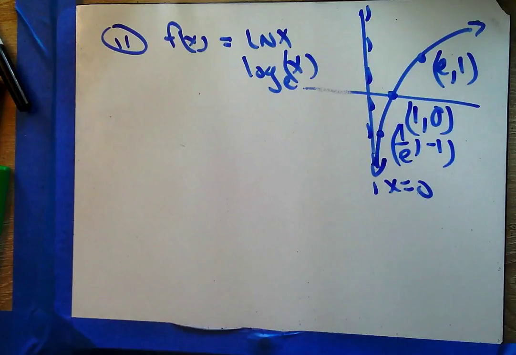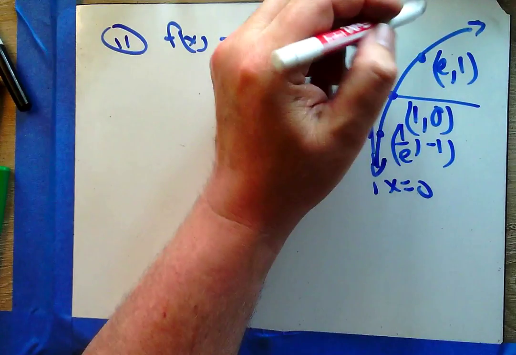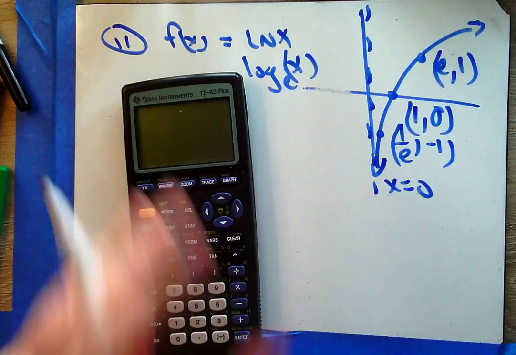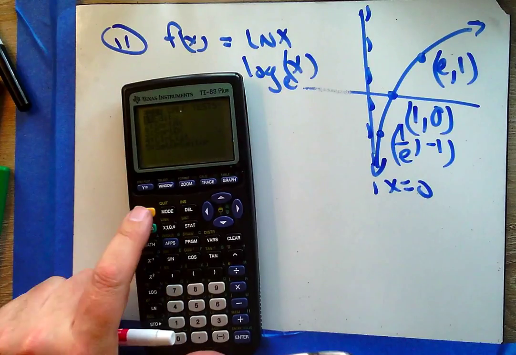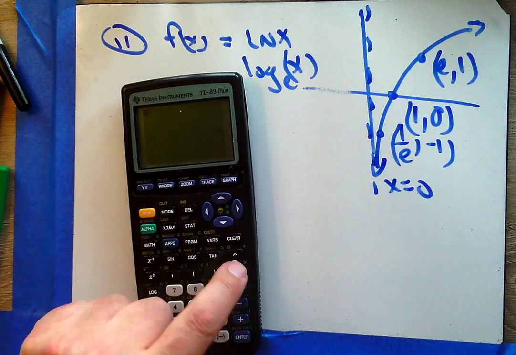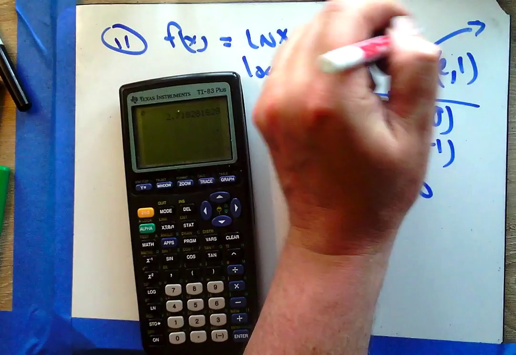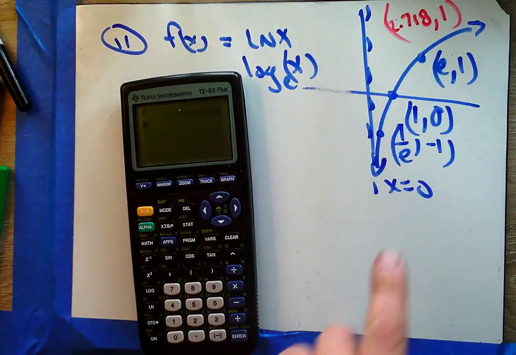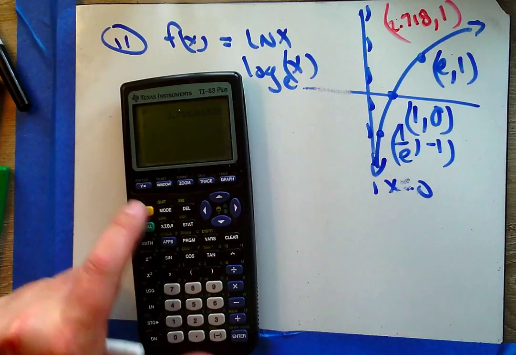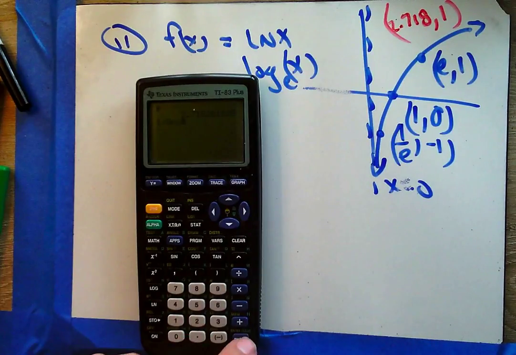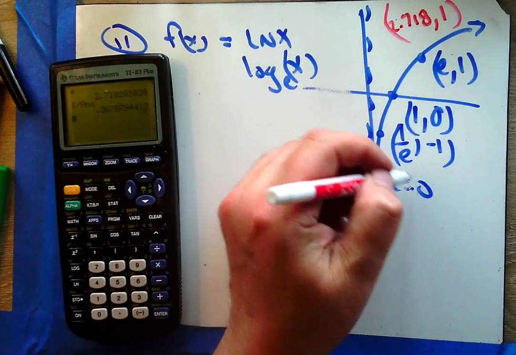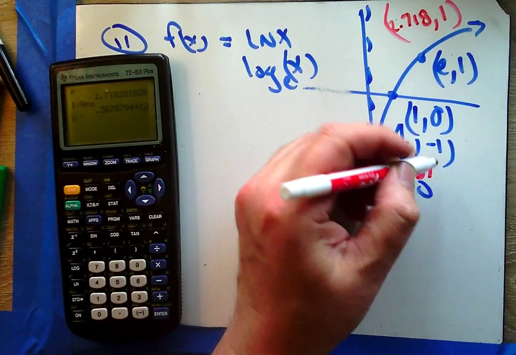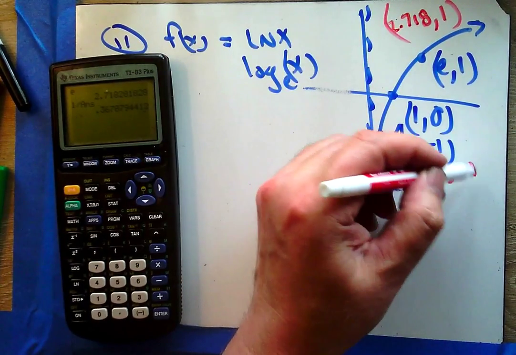And like I said in a prior video, if you want to decimalize this and give me e to 3 places, 2.718, comma 1, and you want to say down here that 1 divided by e is 0.3679, comma negative 1.